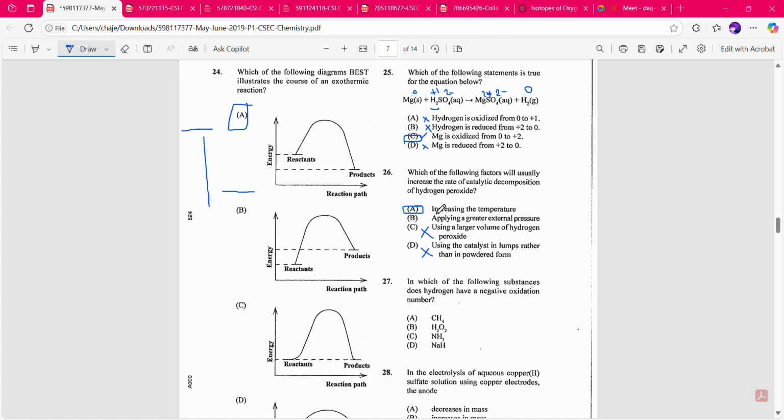It's the first time I'm seeing this question. You already add the catalyst. It's decomposition, so it's being exposed to temperature. And if you want to increase the rate of something, you simply increase the temperature. Pressure does affect the rate of a reaction, but it only affects reactions involving gases. So I'm going to stick to A being my answer.